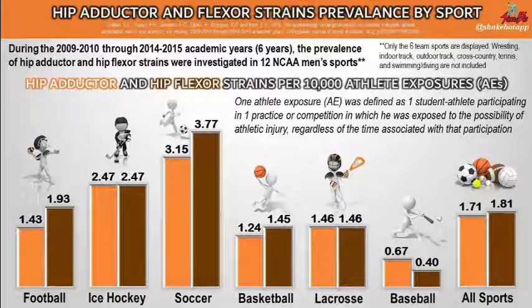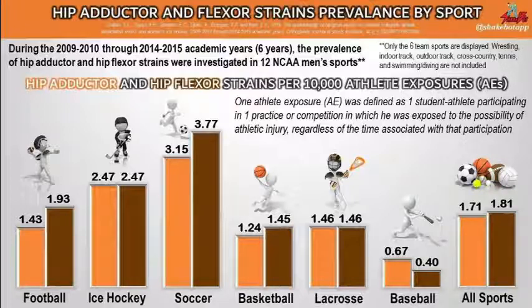One athlete exposure was defined as one student athlete participating in one practice or competition in which he was exposed to the possibility of athletic injury, regardless of the time associated with that participation.